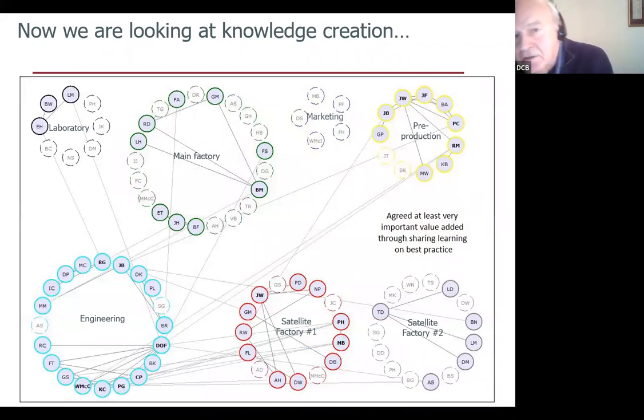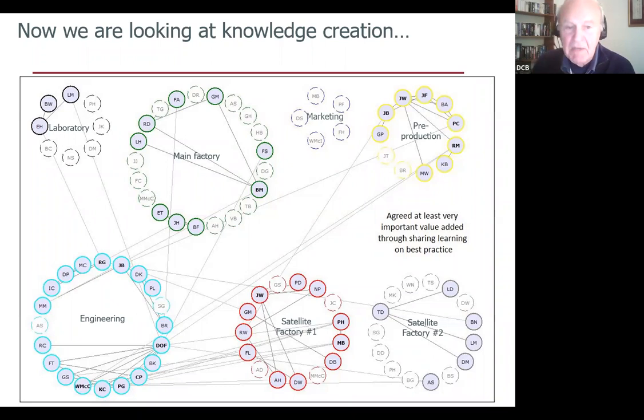Last chart. This is similar to the first one, but it's not about giving and getting information. It's about adding value through sharing learning. And the interesting thing here is if you compare it with the first chart, which was about giving and getting information, this one is very thin. So these guys and girls seem to be quite good at passing information around, but they aren't learning from it, unfortunately.